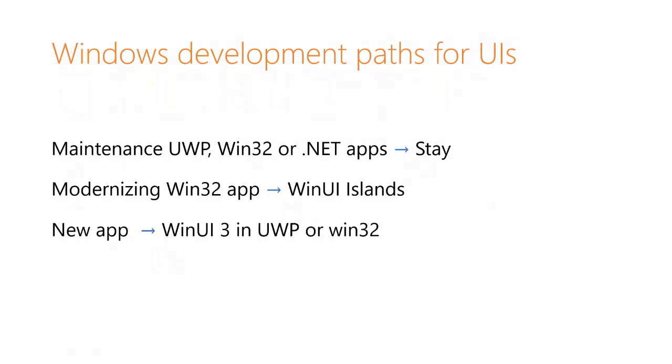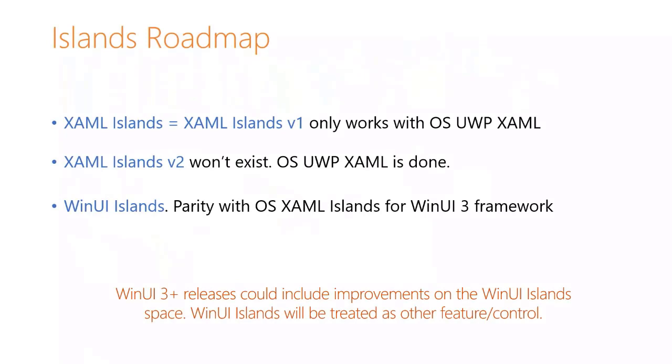To give you a small roadmap, XAML Island version 1 is the one which was introduced in the 1903 version of Windows. It's linked to the OS because the operating system provides the XAML Island infrastructure. So saying that, we will not have a XAML Island version 2 because we do not want the operating system providing the XAML platform to the application.